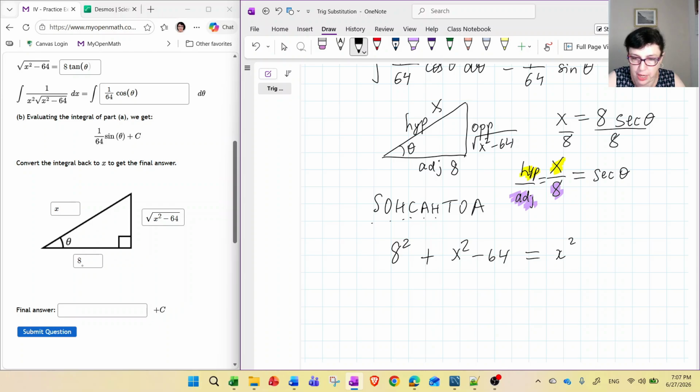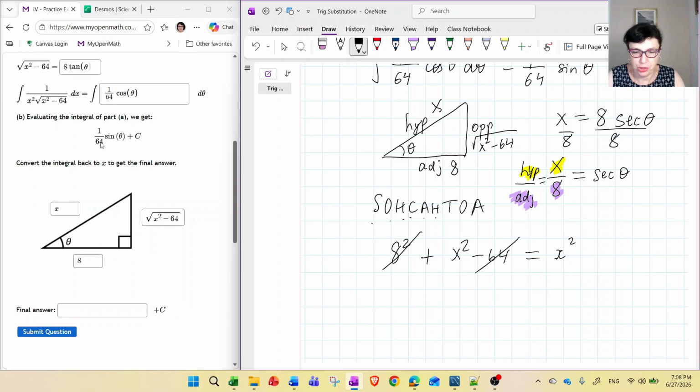The hypotenuse is x, so you've got x squared, and notice how this and this will cancel, and you got x squared equals x squared, which means that you got it right. See? So now we have to translate the muy bien back into English.